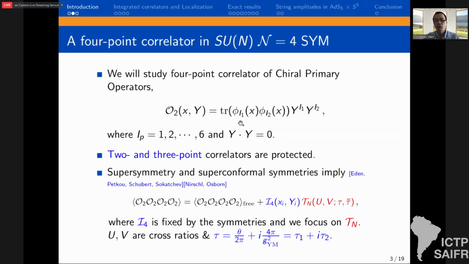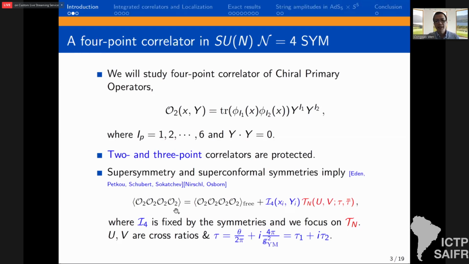And to get rid of the SO(6) index, I introduced this null vector I call Y here. This is a BPS operator, and it's famously known that the 2 and the 3-point functions are protected. So the first non-trivial case is the 4-point function, which is what we are going to study.